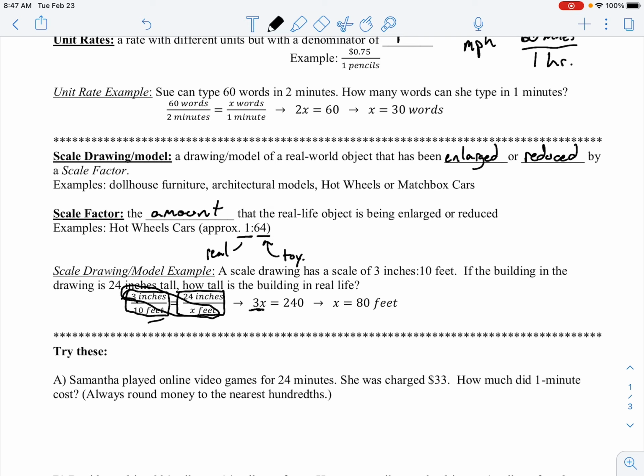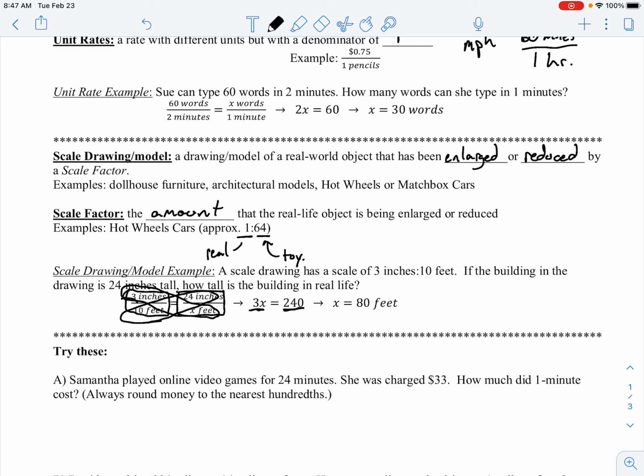So there's the 3x, cross multiply here, and there's that 240. And divide it out, and they get x equals 80 feet. So if a model of this building is 24 inches tall, then the building in real life will be 80 feet tall when they build it.